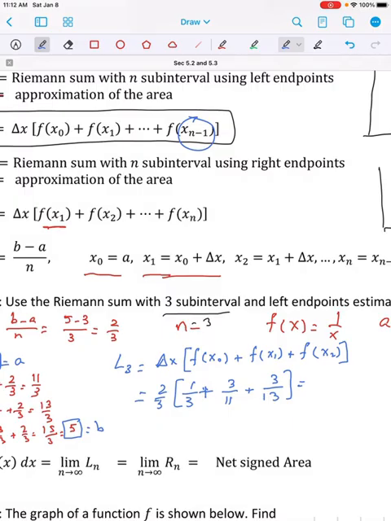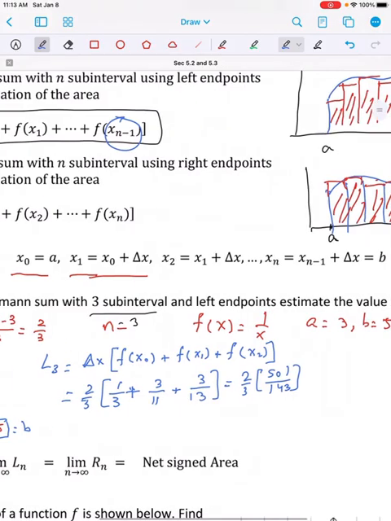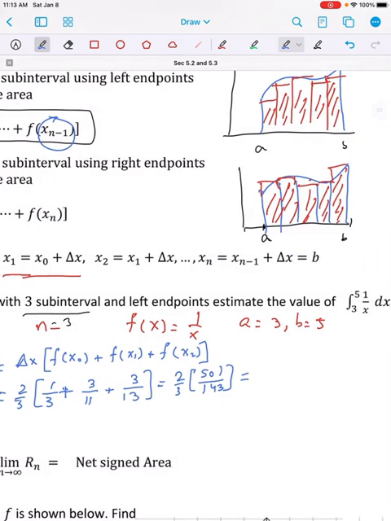So let's add these. Let me put them in my calculator, and I am getting 2 over 3 times 501 over 143. So when I multiply by 2 over 3, I end up getting 334 over 143. So that is my answer.